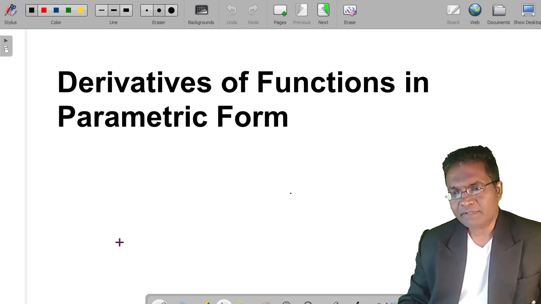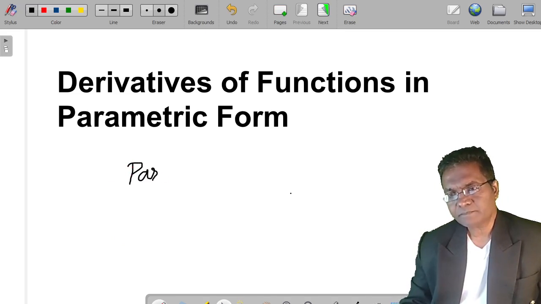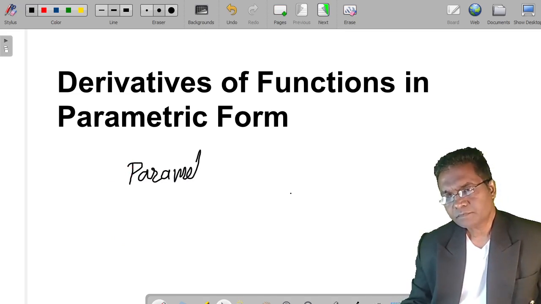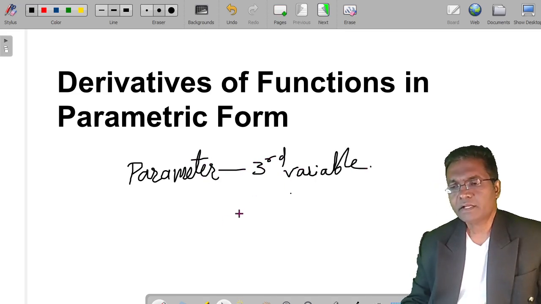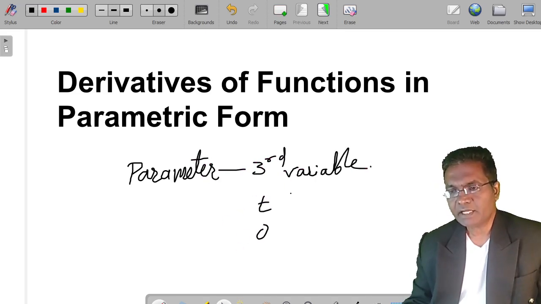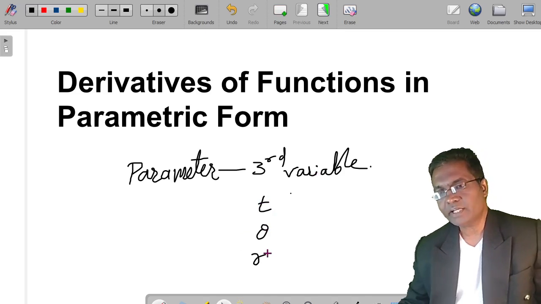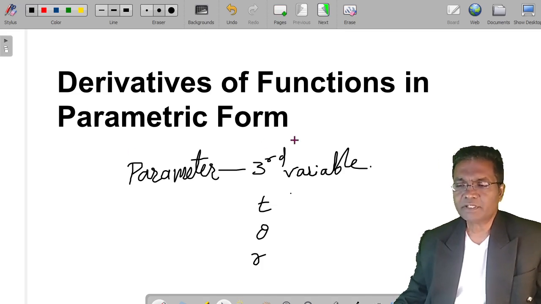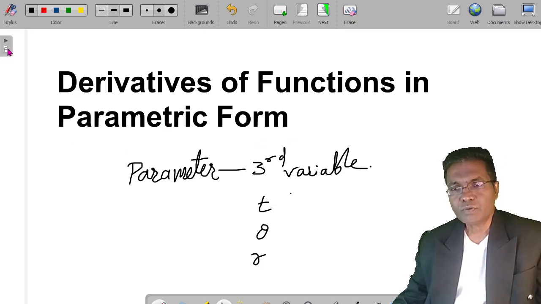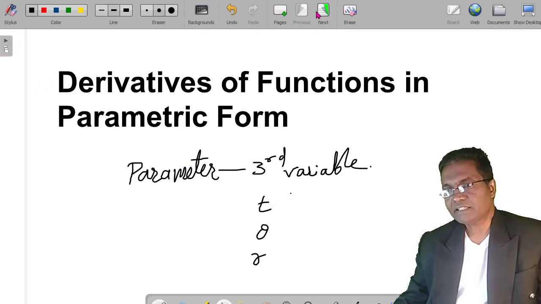A parameter is a third variable. It can be t, it can be theta, it can be r, anything apart from the two given variables.